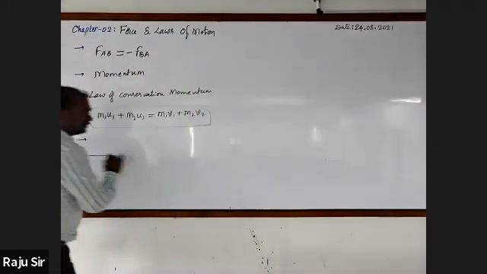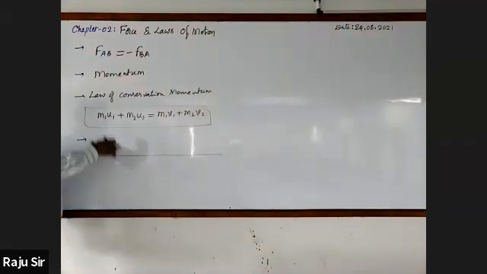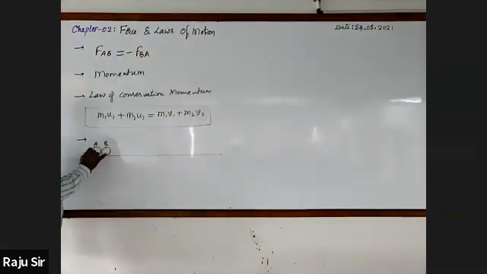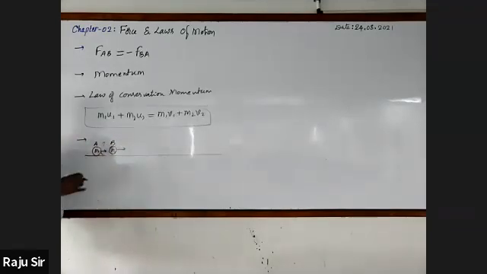We have taken three situations. What are those? Before collision, during collision, after collision. So we take two bodies, named A and B, with masses M1 and M2. They move with initial velocities U1 and U2.